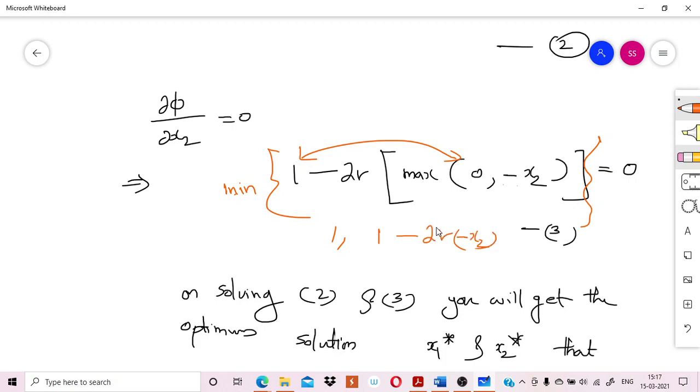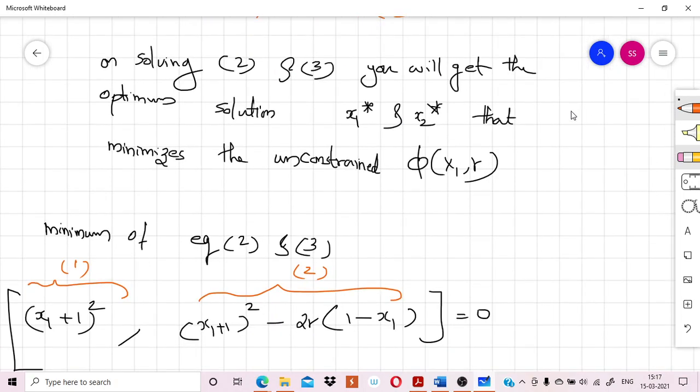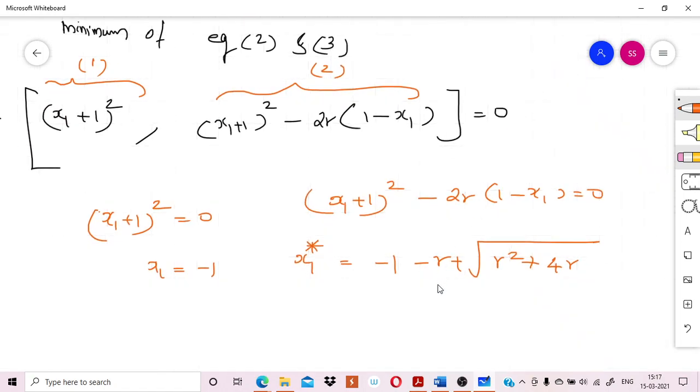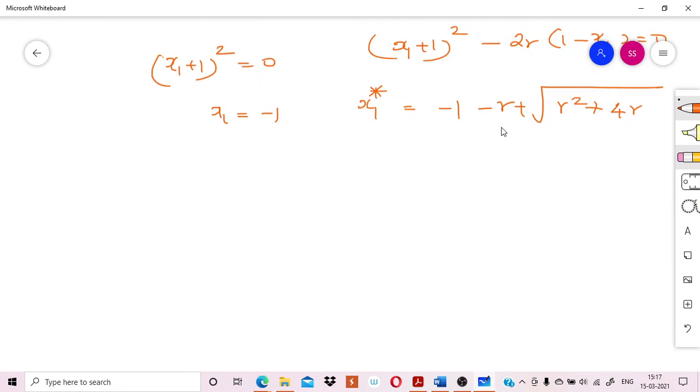So the necessary condition will look like this: minimum of 1 comma 1 plus 2rx2 is equal to 0.